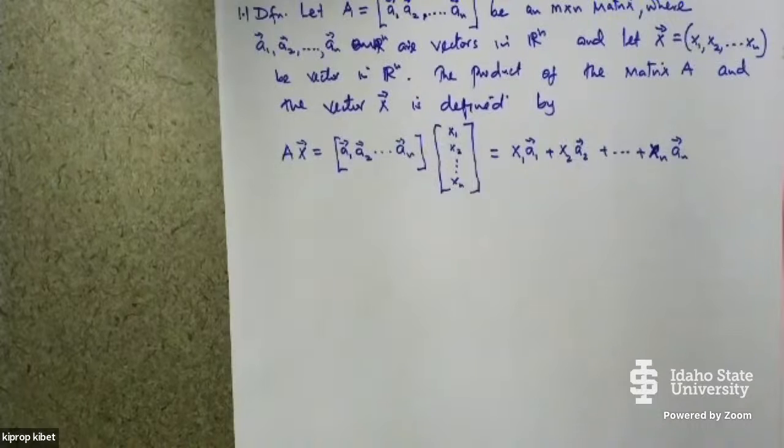Now, here we are multiplying a matrix, and this is not a matrix, this is the vector x. When we multiply this, that, and that, we form that equation.